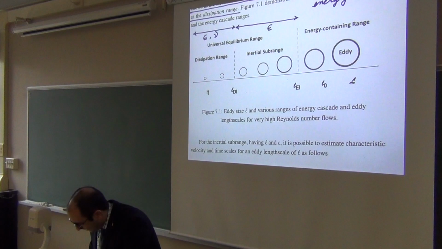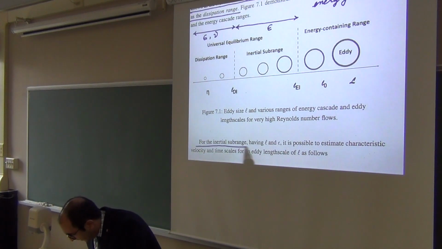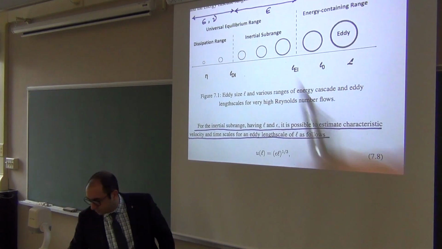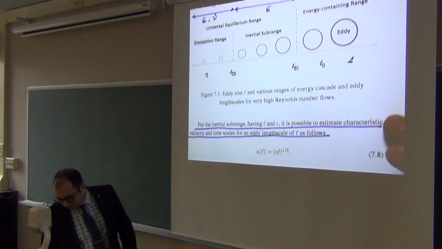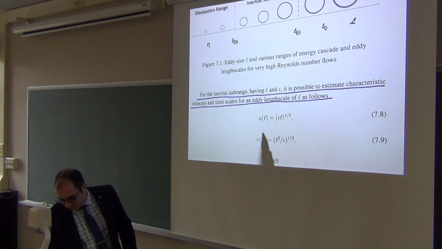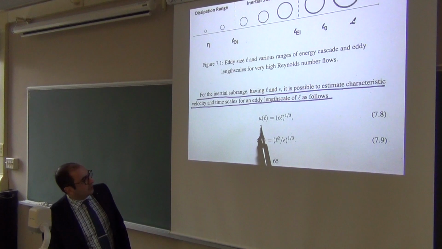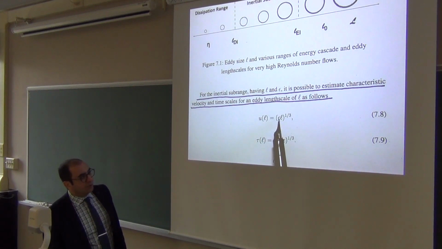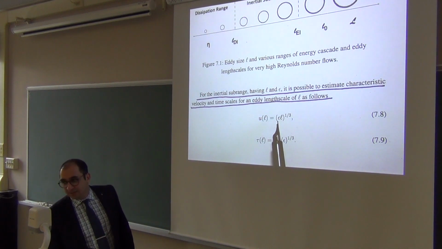Now for the inertial subrange, having L and epsilon, it's possible to estimate characteristic velocity and time scales for an eddy. When you talk about the middle range, things are very convenient. Then the velocity scale of fluctuation at eddy length L, remember, should only depend on epsilon.